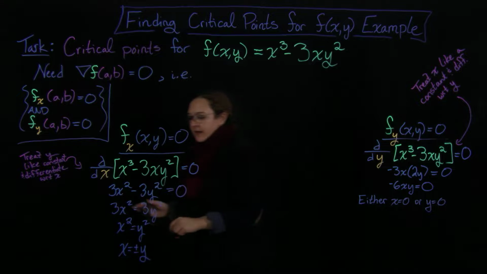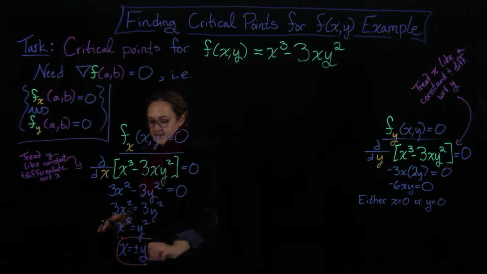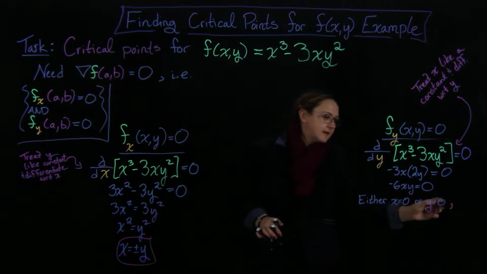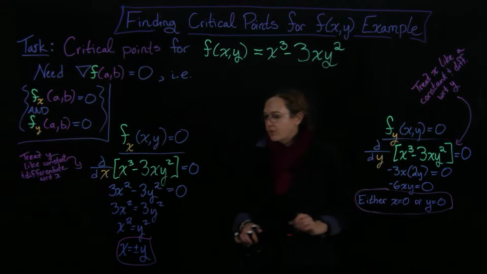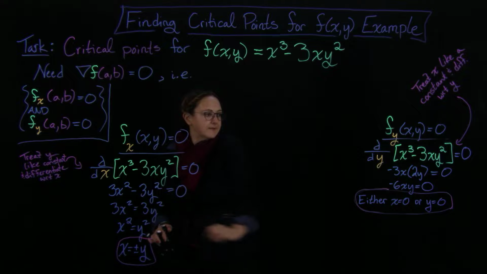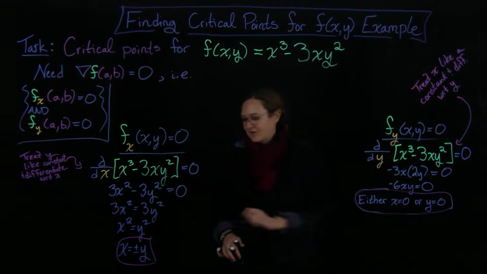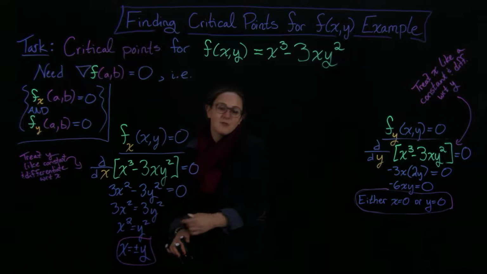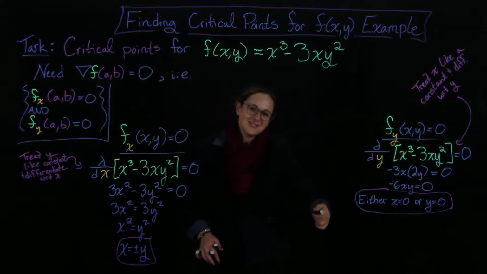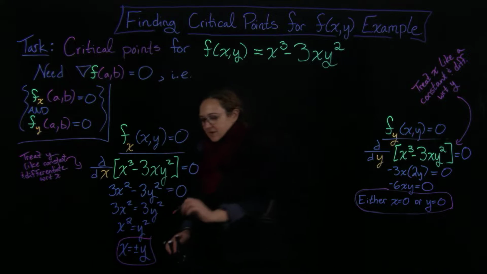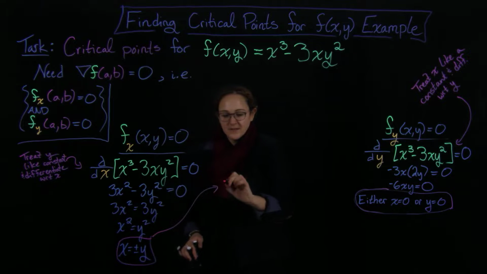Okay, well now I know that my critical points have to satisfy this, and they have to satisfy this, right? Well, what satisfies that one of these is 0 and they're plus or minus of each other? If one of them's 0 and the other one's plus or minus that, then the other one's 0. So they both have to be 0.